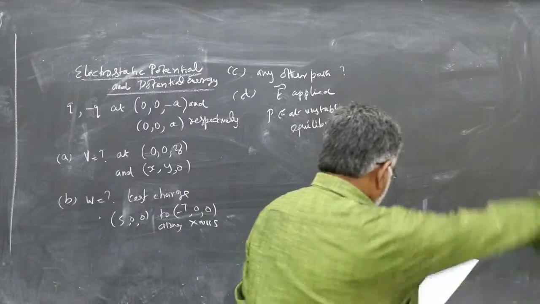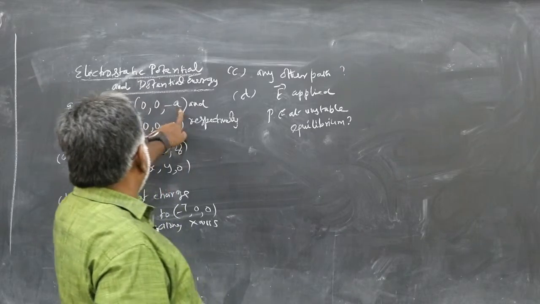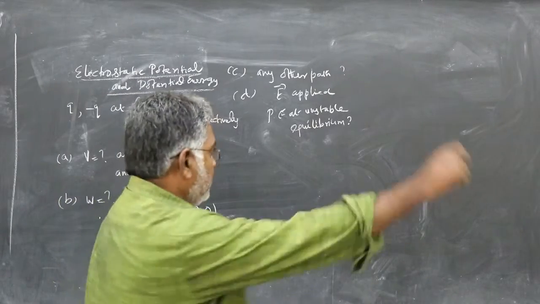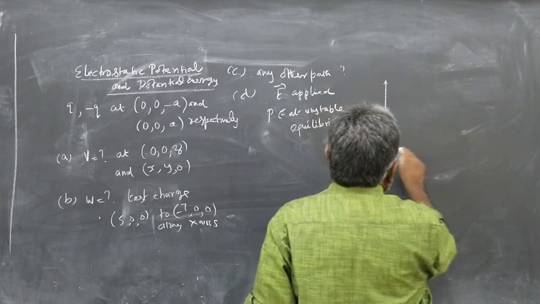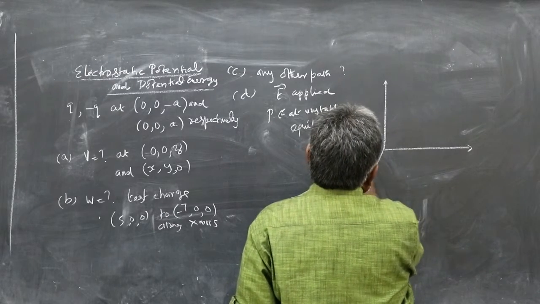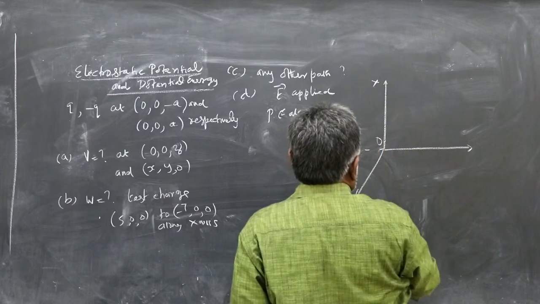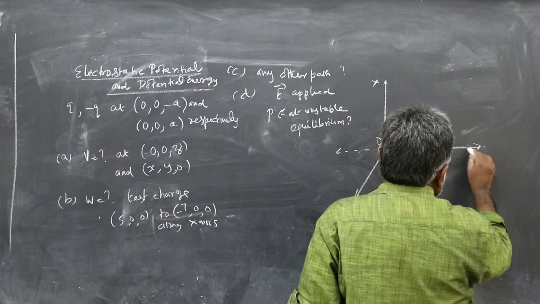So the charges are at 0, 0, minus A and 0, 0, plus A. That means along the Z axis. So it's better you draw the coordinate axes like this: X, Y, Z. It will be easier.